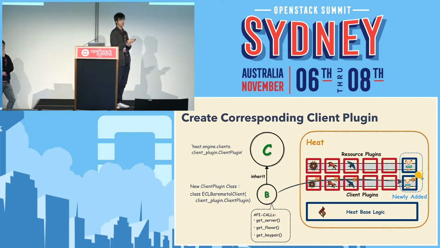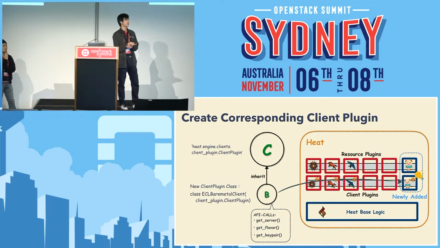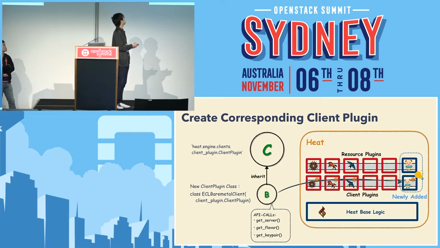So for our bare metal server resource plugin, we need a corresponding bare metal server client plugin. Creating this client plugin is similar to creating a resource plugin. We need to create a new client plugin by inheriting from the client plugin base class. And inside it, we need to add the API call methods, such as get server, get flavor, get keypair, and so on.